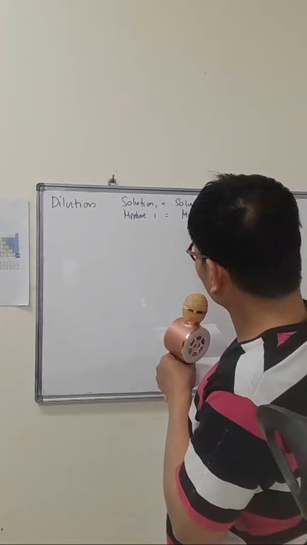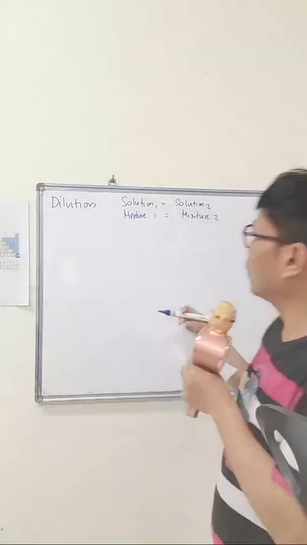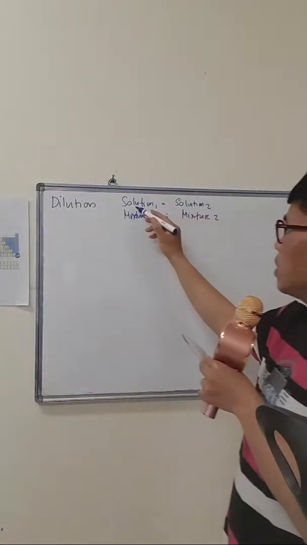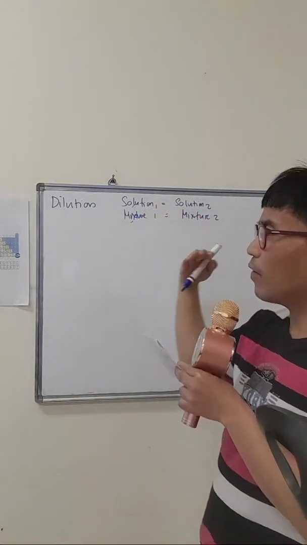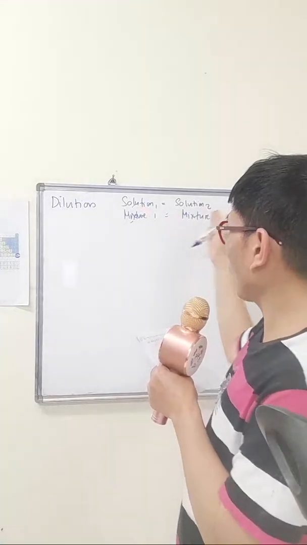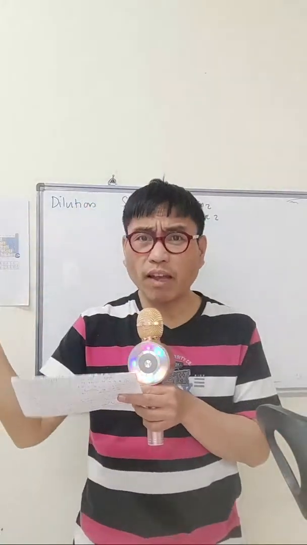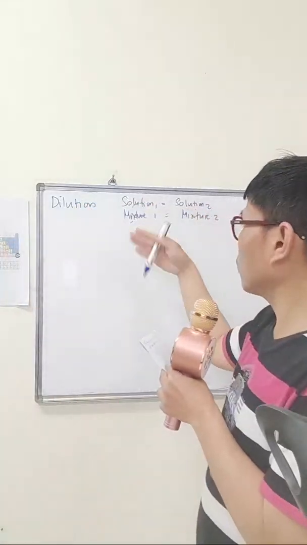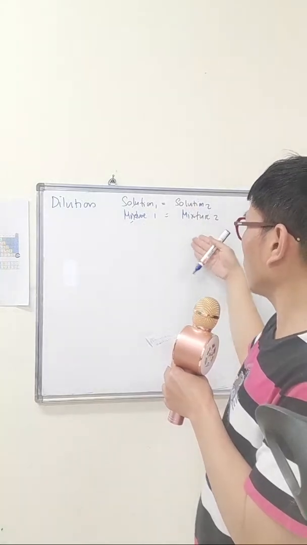Take note of the difference, because if that is a solution, we are referring to both the solute and solvent in solution 1, and solution 2 also has solute and solvent. Mixture 1 has solute and solvent, mixture 2 has solute and solvent.